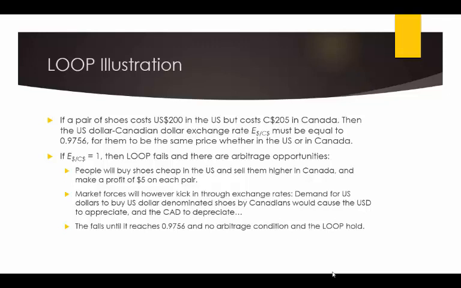The result is that there will be an increase in demand for US dollars, since shoes in the US are priced in US dollars. This will cause the US dollar to appreciate against the Canadian dollar, and so the US dollar Canadian dollar exchange rate falls until the no arbitrage condition is restored at 0.9756, and the LOOP holds.